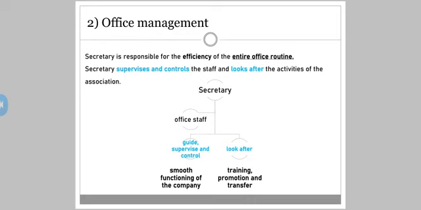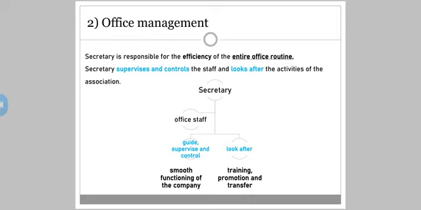So the secretary is responsible for the efficiency of the entire office routine. All the work, the entire office routine, should be done efficiently, and this responsibility is handed over to the secretary. The secretary supervises and controls. To supervise means to see or to manage, okay?